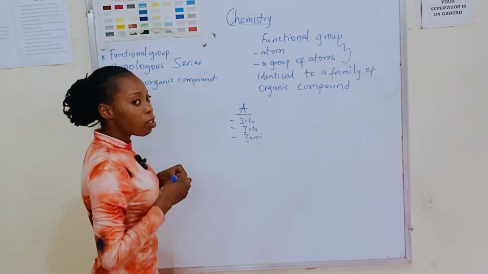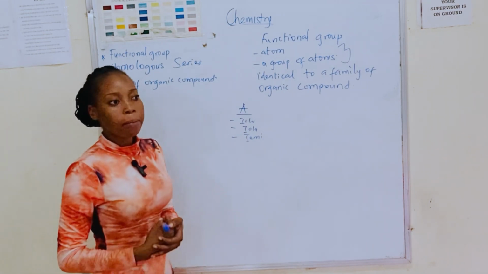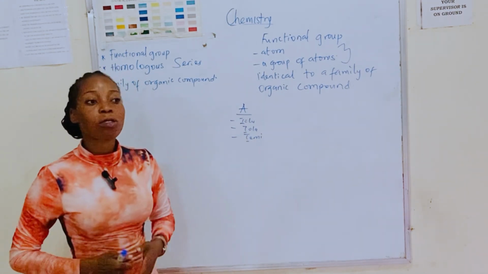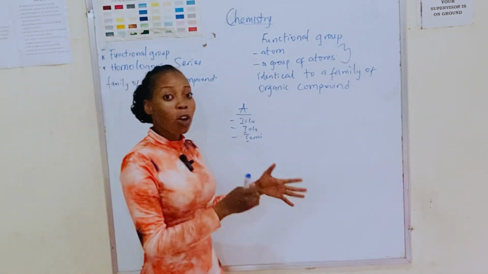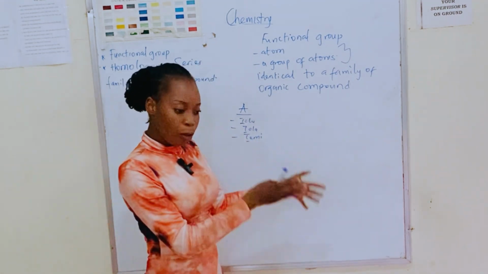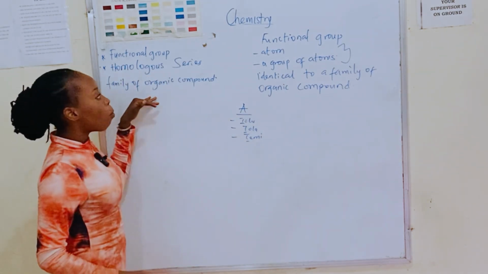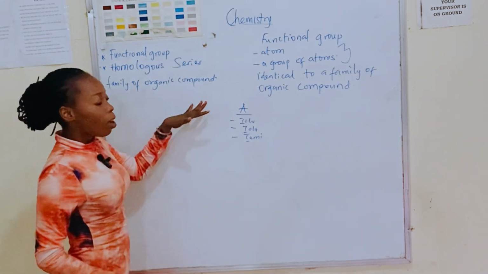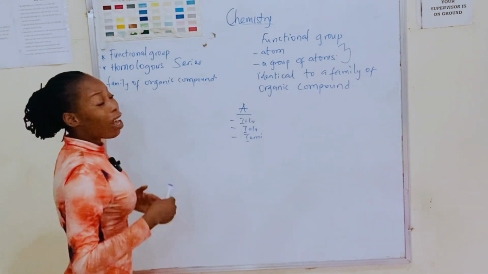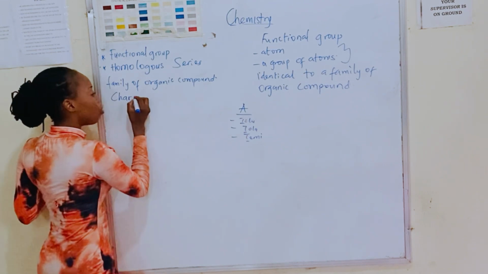And homologous series have various characteristics, those things that will make you classify something as belonging to this particular homologous series, or that will make you say that okay, this is one homologous series, this is another homologous series. So basically, homologous series are families of organic compounds. So what are the characteristics of homologous series?